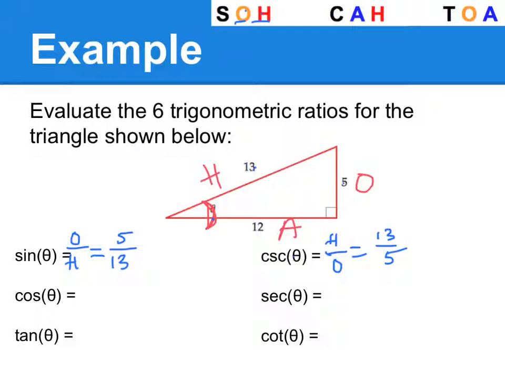Cosine of theta is adjacent over hypotenuse. Adjacent is just another word to say next to. So 12 over 13. Secant of theta would be hypotenuse over adjacent, or 13 over 12. Now tangent of theta would be opposite over adjacent, so 5 over 12. And cotangent would be adjacent over opposite, or 12 over 5.